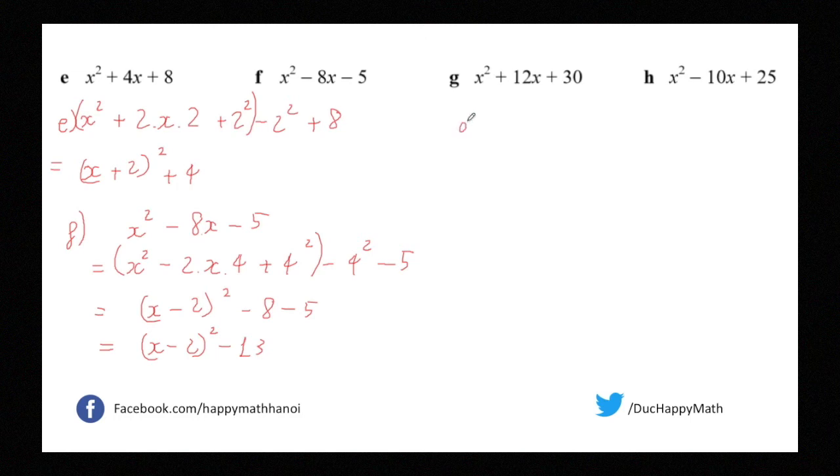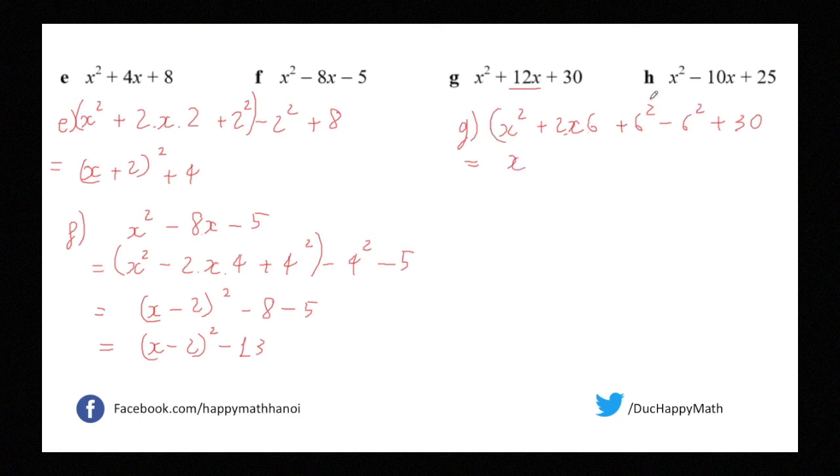Okay, let's try. For the next one, h square plus 2x times, here 12x, so 2 times 6, and b equals 6, plus b square minus 6 square, and plus 30.